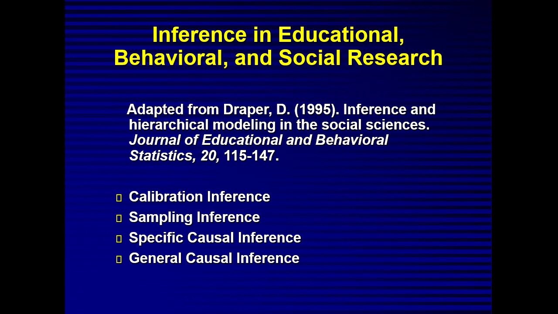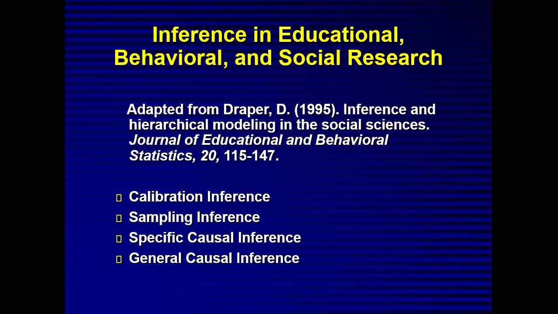What he did in this study was he looked through many research articles and tried to find examples of how data were collected, how individuals were assigned to conditions, and what kinds of inferences were made as a result of this. And based upon that, he came up with 4 possibilities.